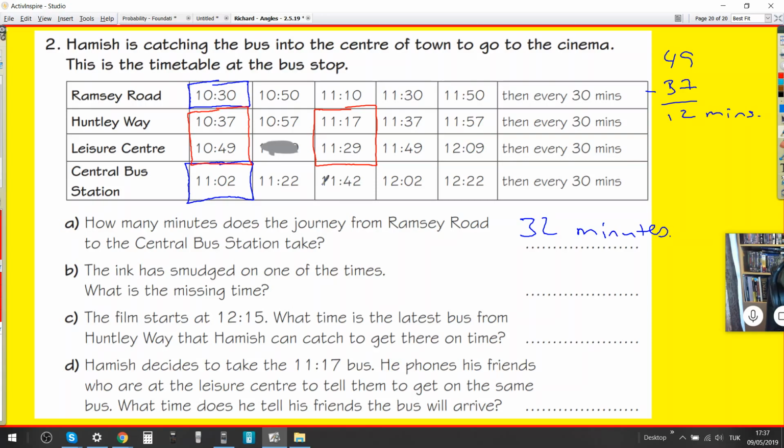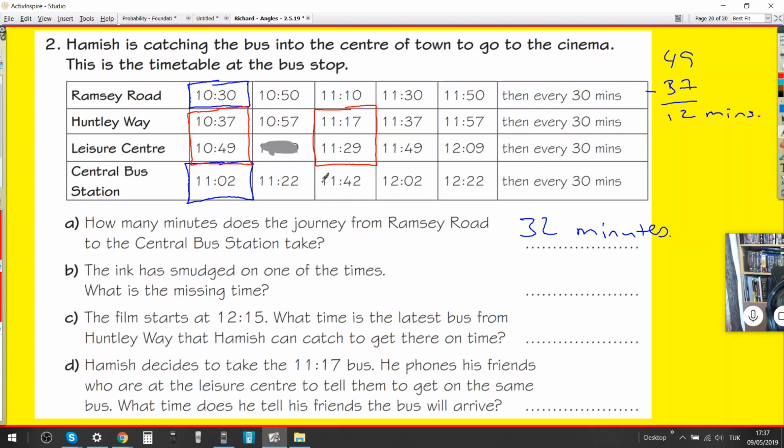And then 11 o'clock plus 12 minutes. We already added on 3, so now you add on another 9.